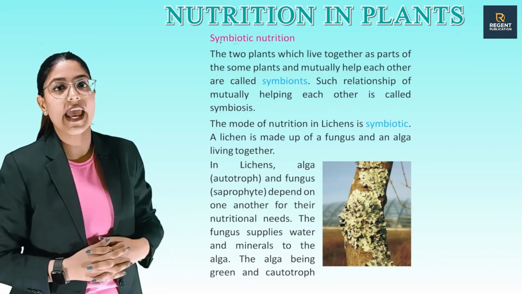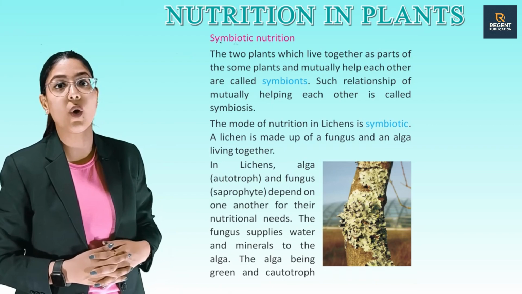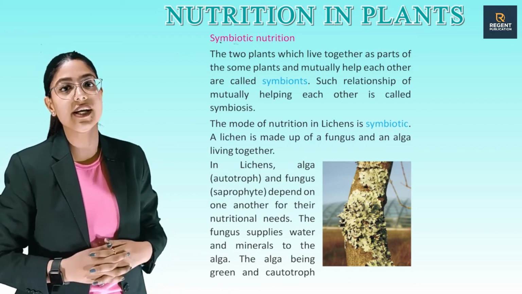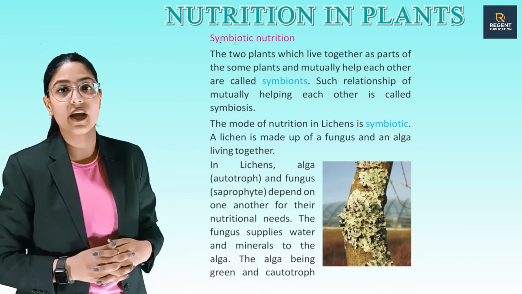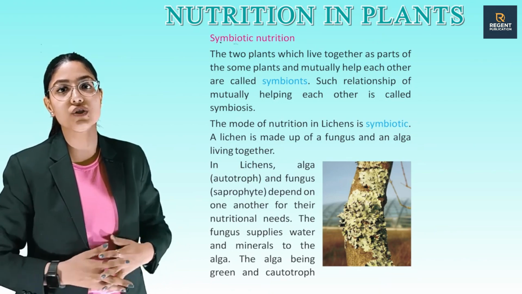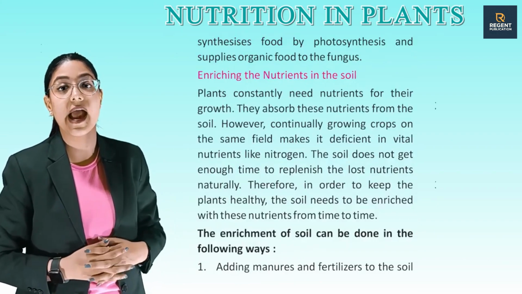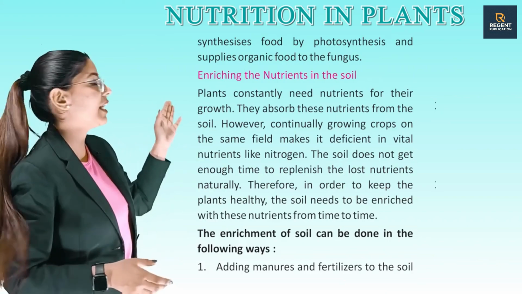In lichens, the alga, an autotroph, and the fungus, a saprotroph, depend on one another for their nutritional needs. The fungus supplies water and minerals to the alga. The alga, being green and autotrophic, synthesizes food by photosynthesis and supplies organic food to the fungus.